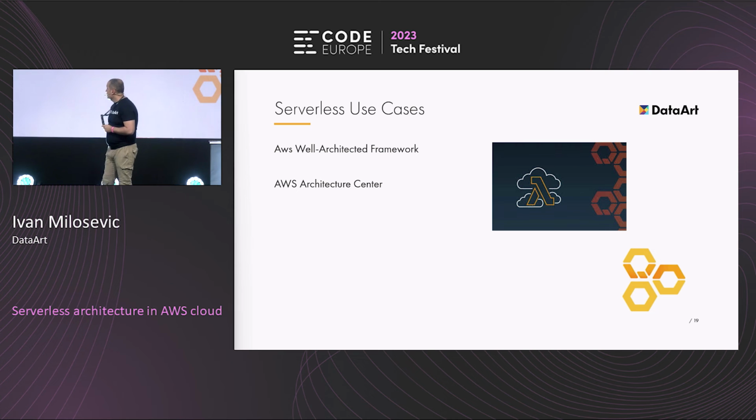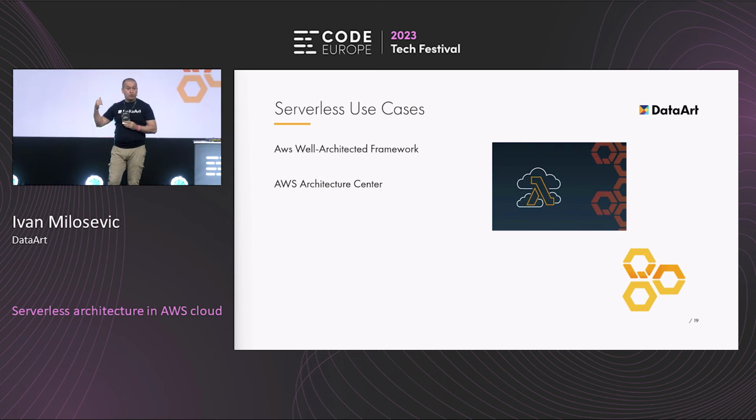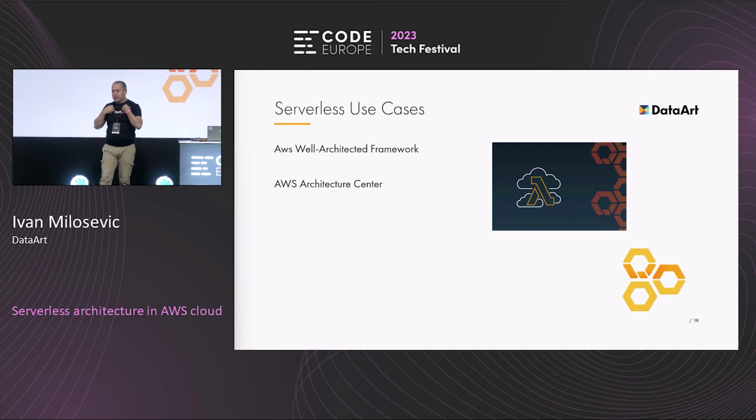On the other side, there is a thing called the AWS Architecture Center. So if you go to Warsaw for the conference and you need to show some diagram, you don't have to build it on your own, just go there, take it out and put it on your slide. No, that's definitely not the use case, at least not the most important one.